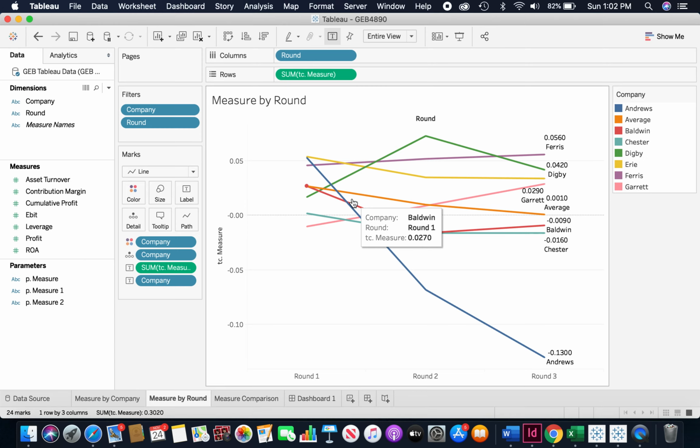Digby is following, at a negative point within their measure compared to Ferris. They got higher than Ferris, but they are falling back down, which could be a problem because they aren't staying consistent. Although they are not letting the numbers go too far down, numbers are everything within a company and company growth.